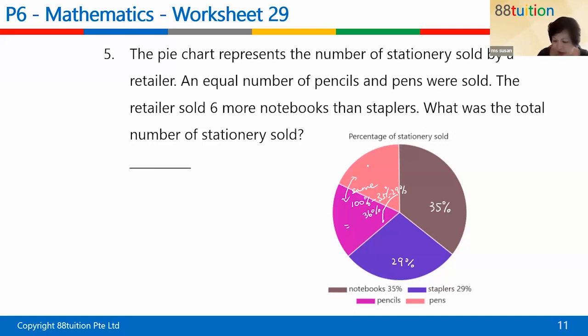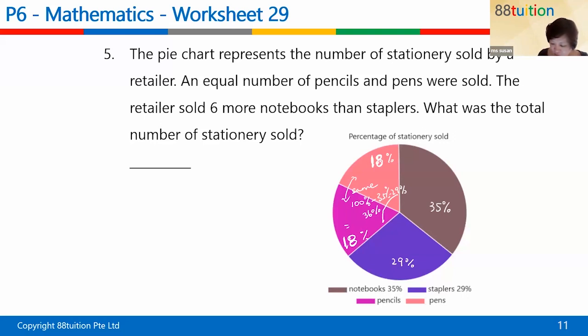Now having 36, here must be 18%. Why 18%? Any idea why? Because I divide the 36 by 2. Yeah, they are equal.